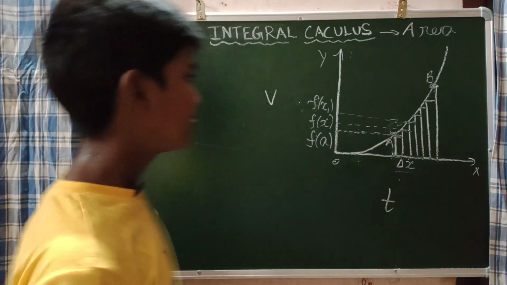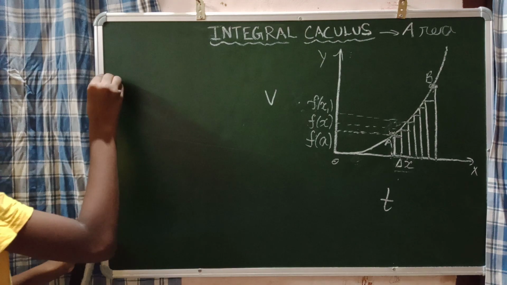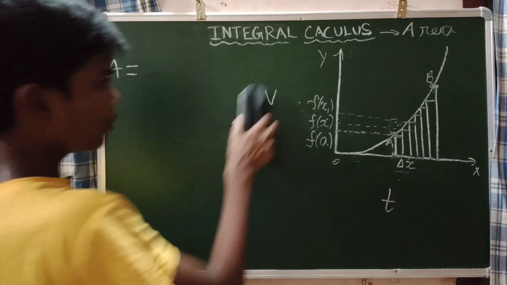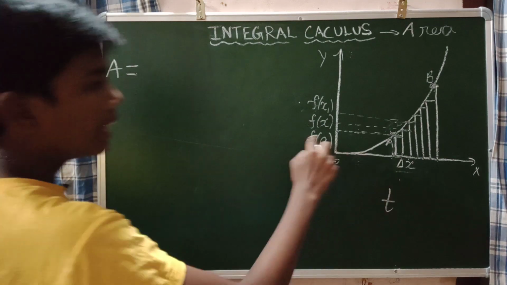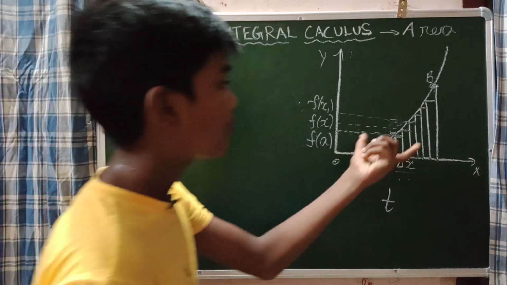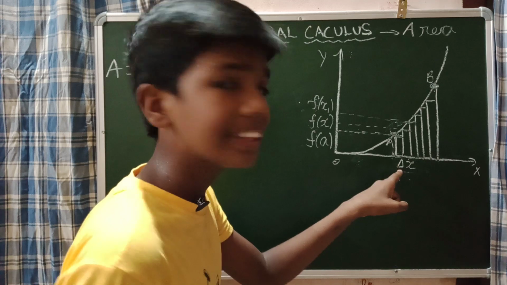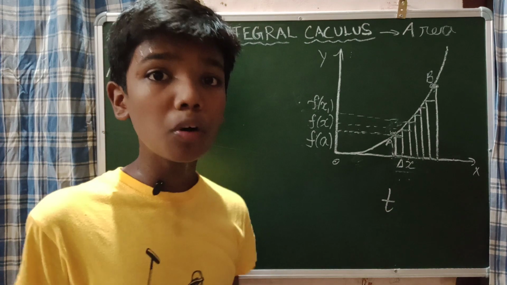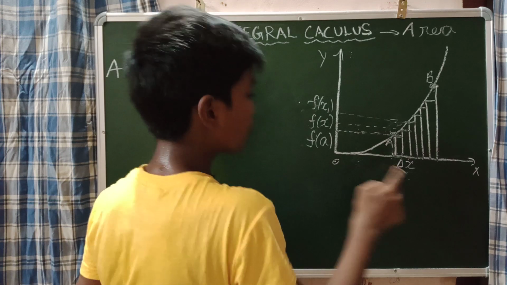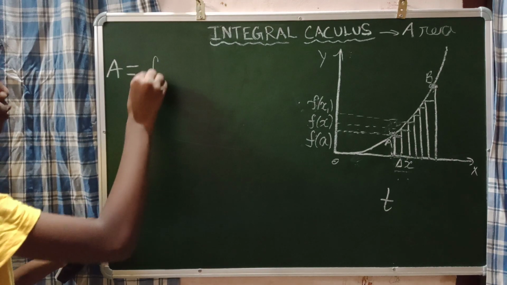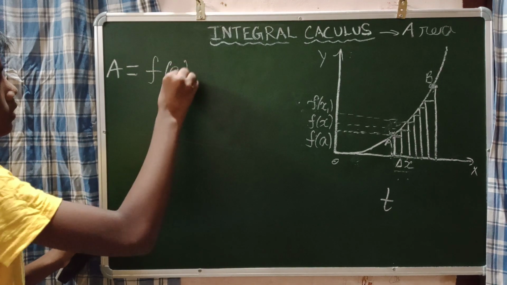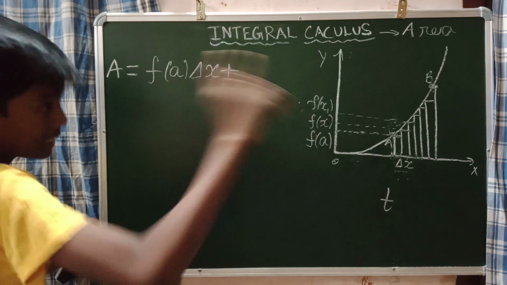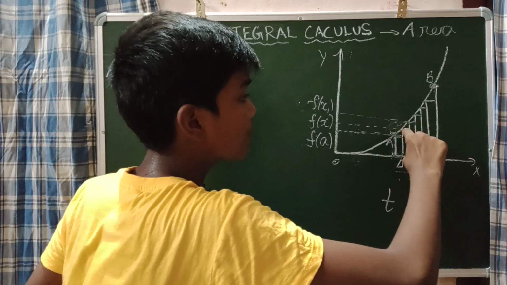How will we find it? The area will be equal to length into breadth. The length for the first strip is f of a, and the breadth is delta x, because for every strip the breadth, I told, is delta x. So f of a into delta x, plus, what is the length of the second strip?